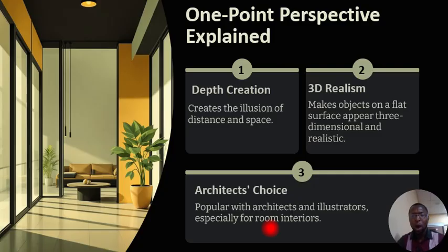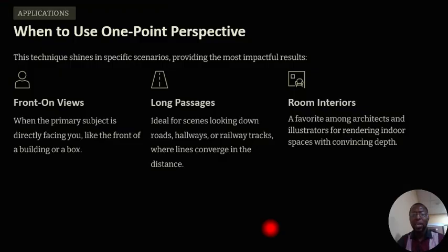All right. So having known what it is, when do we use one point perspective drawing? Firstly, if you want a front on view of an object, when the primary subject is directly facing you. If the object you're drawing is facing you, then you can use one point perspective drawing.